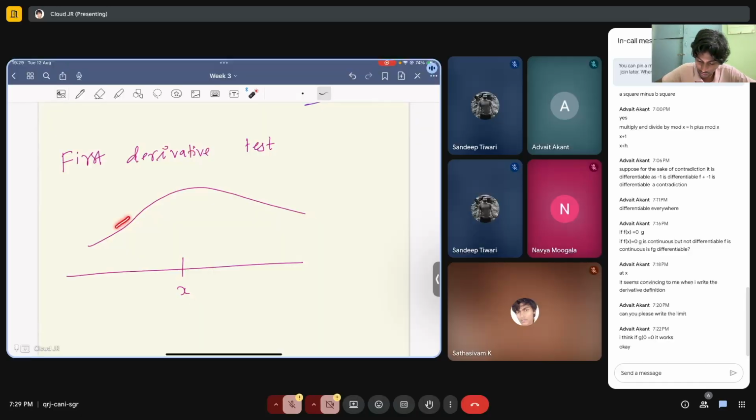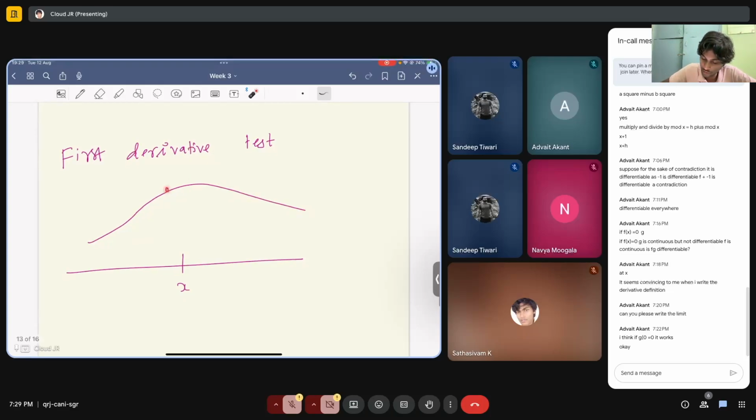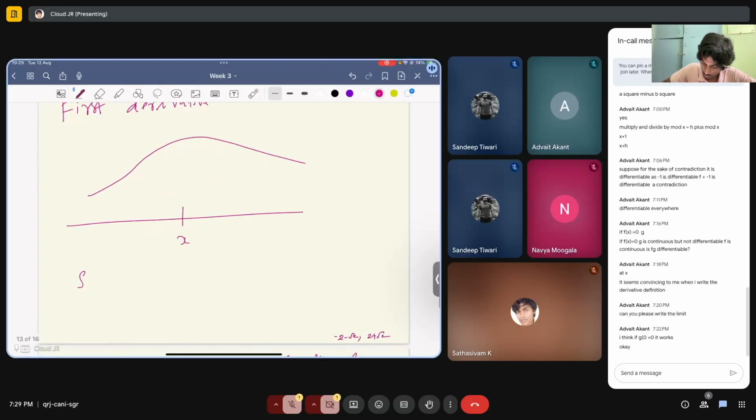So here the slope is positive and it is becoming negative. So whenever the slope changes from positive to negative in a neighborhood of this point, then this point x must be a maxima. So if the slope changes from positive to negative, then you have a maxima.